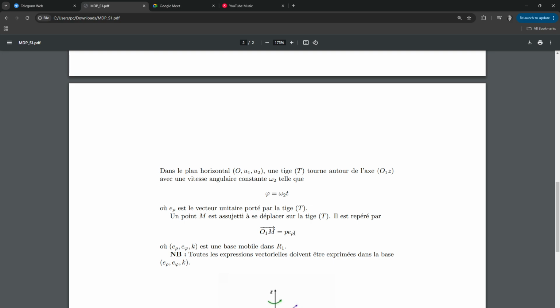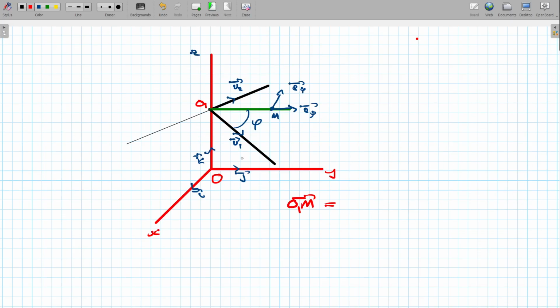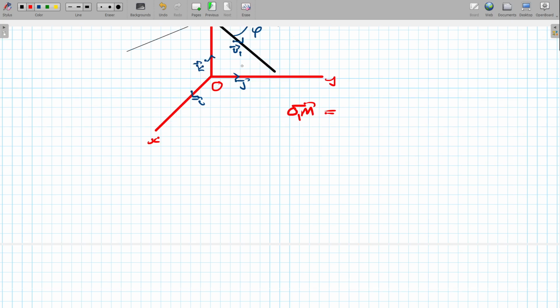So they've already given us the position vector, but you can also look at the diagram and deduce the position vector. So that is where we're going to get the information from. Right. So we know that O1M is rho E rho.